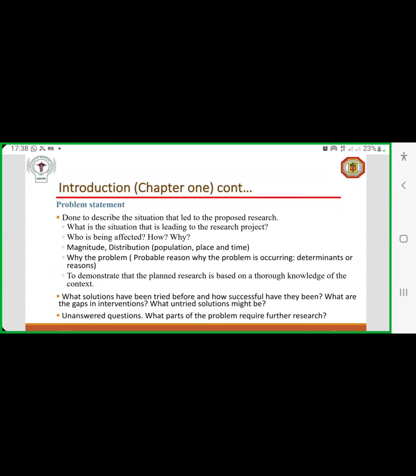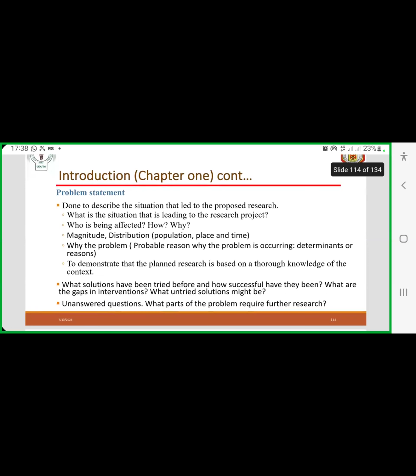This is done to describe the situation that led to the proposed research. Some of us write a problem statement that is not the problem in that research.